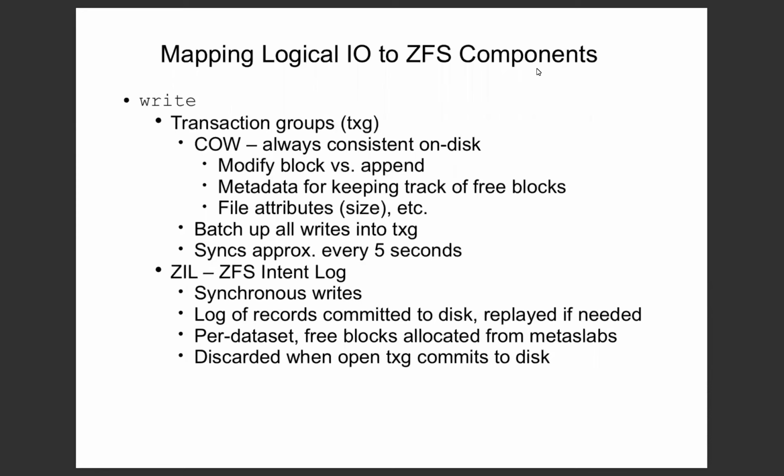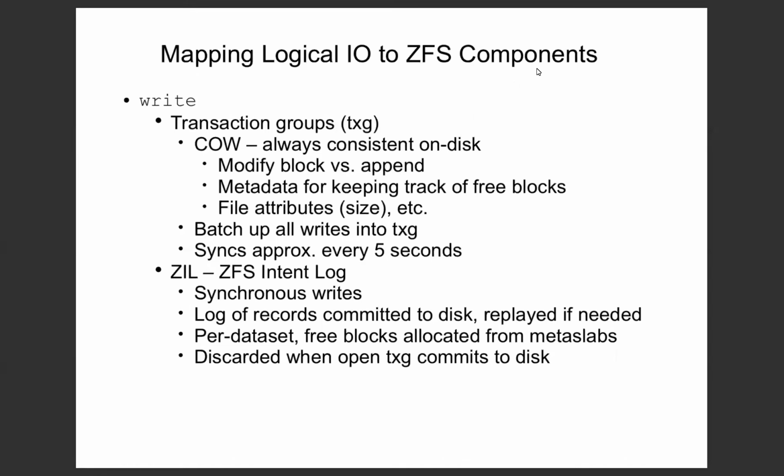Usually the transaction group gets written roughly every 5 seconds. And the system actually keeps 3 different transaction groups going at one time. There's what's called the open transaction group, which is where the current writes are going into.